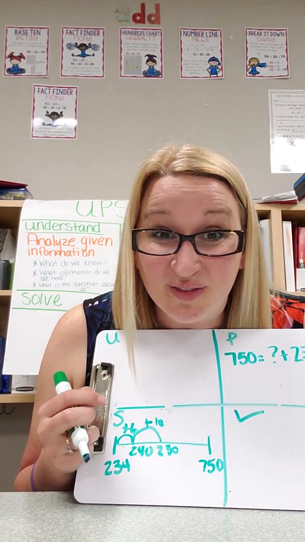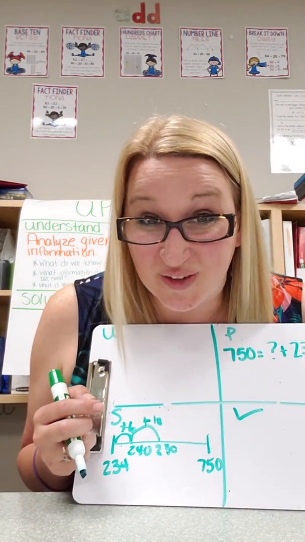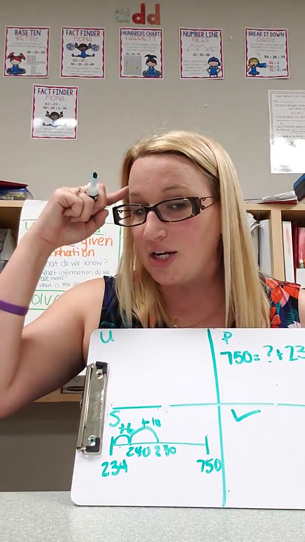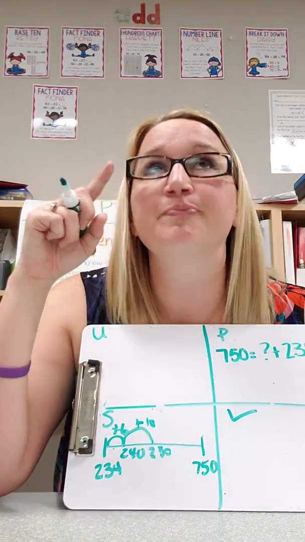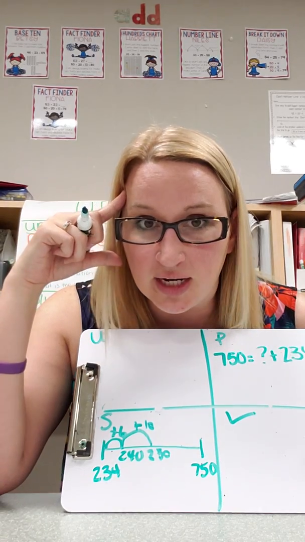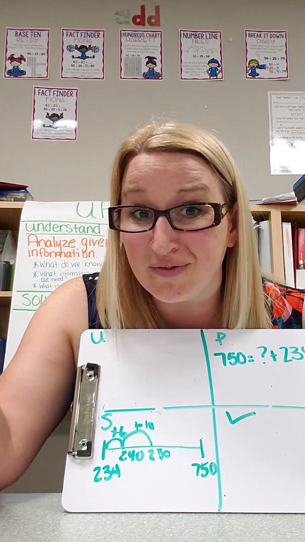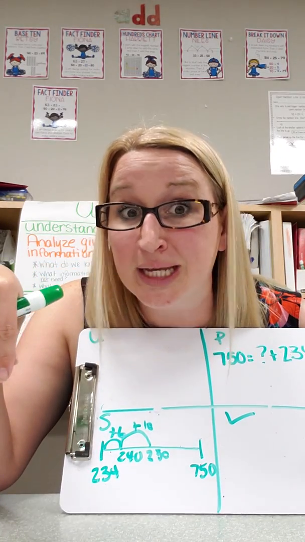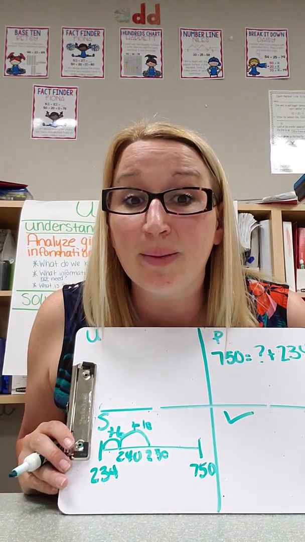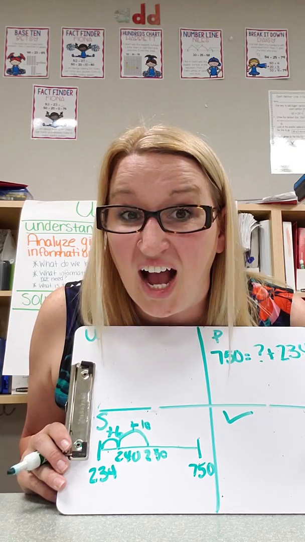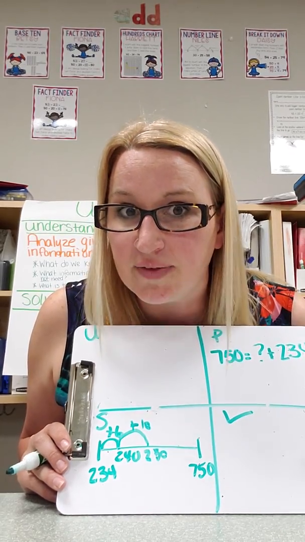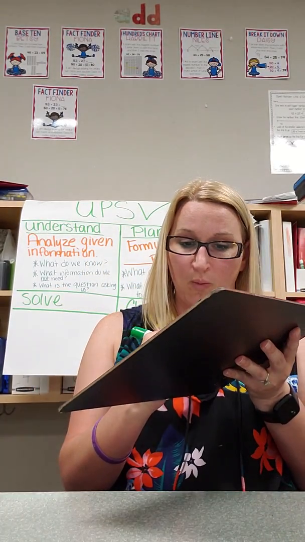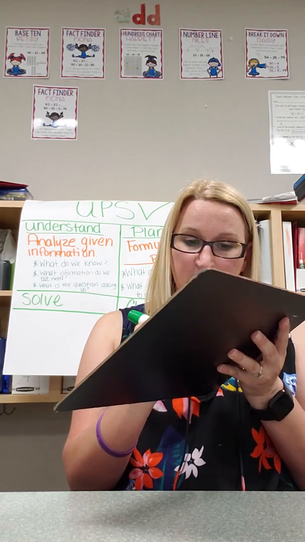I'm already at 250. I got to get to 750. So if I know 250 plus 500, oh my goodness, because 2 plus 5 is 7, so I know that 200 plus 500 is 700. So if I'm at 250 and I add 500, I'm going to get to 750. So I'm going to do one big jump of 500.